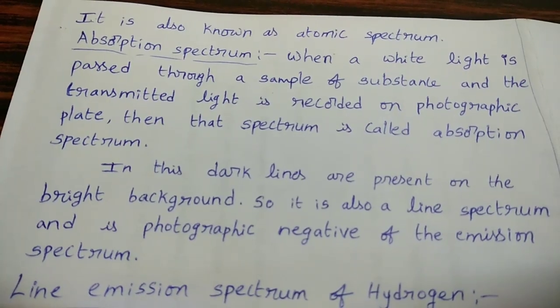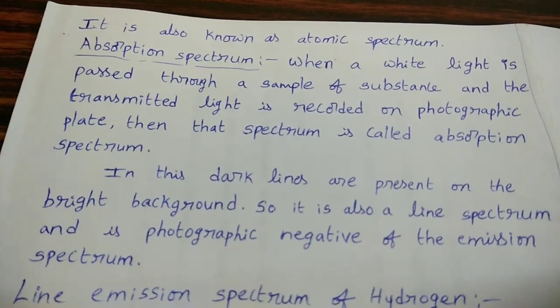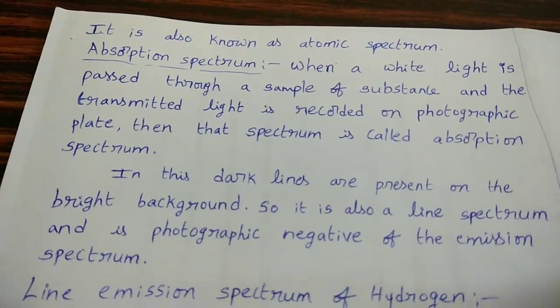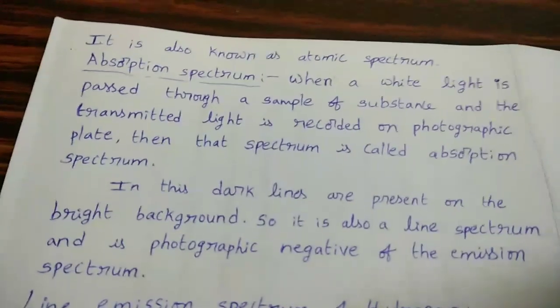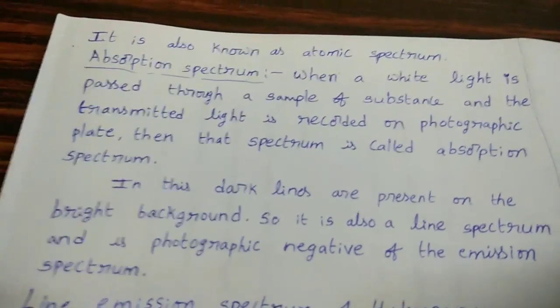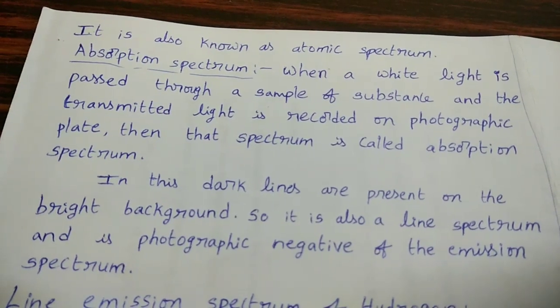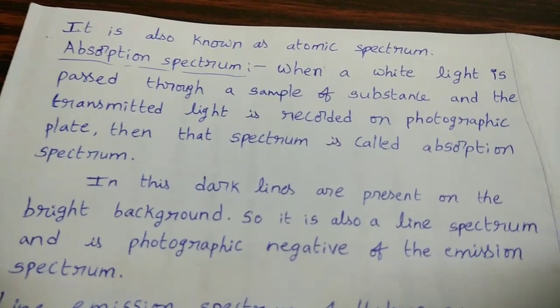At whichever wavelength radiation is absorbed by the substance, at the same places we get dark lines in the absorption spectrum. So it is a photographic negative of the emission spectrum. I hope you are clear about emission spectrum and absorption spectrum.